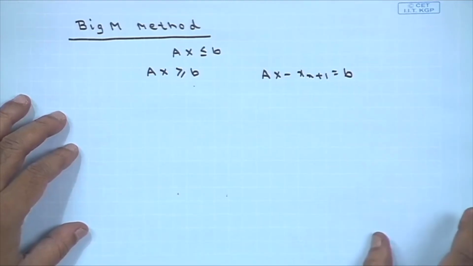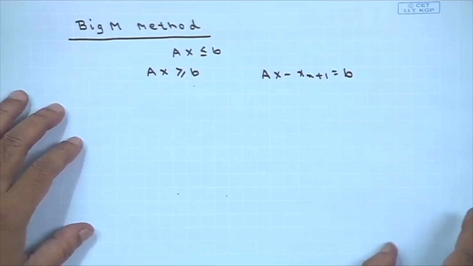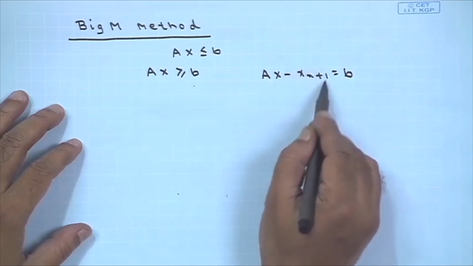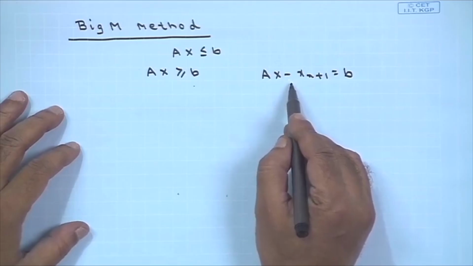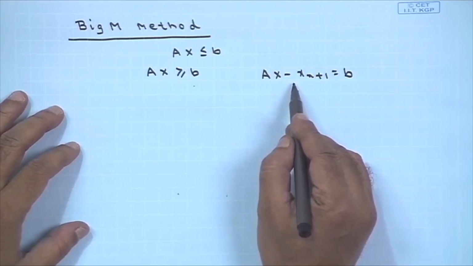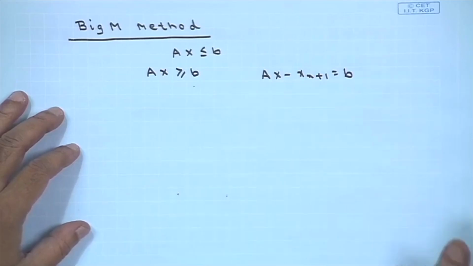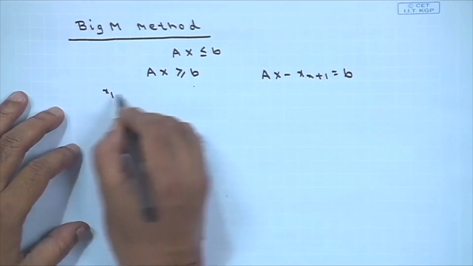We added this one. So, now what is the coefficient of the surplus variable? The coefficient of the surplus variable will always be negative, that is minus 1, since you have to subtract. So, to obtain the initial basic feasible solution, what do we do?